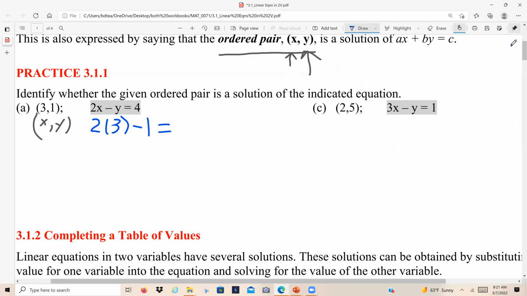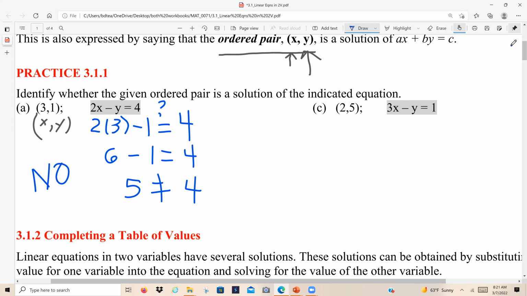Does that equal 4? I'm putting a question mark beside it because we want to know. This becomes 6 minus 1 equals 4, and we know that 5 does not equal 4. So the ordered pair 3, 1 is not a solution to the equation 2x minus y equals 4.